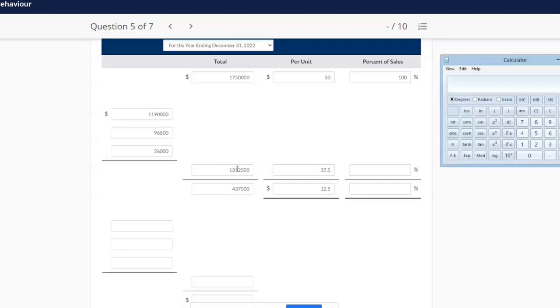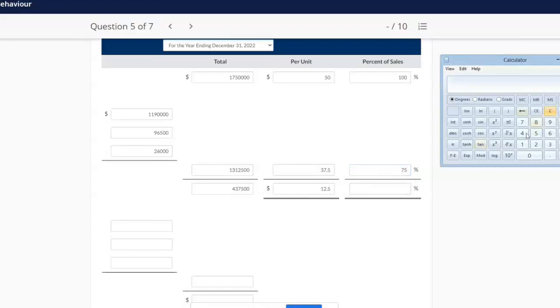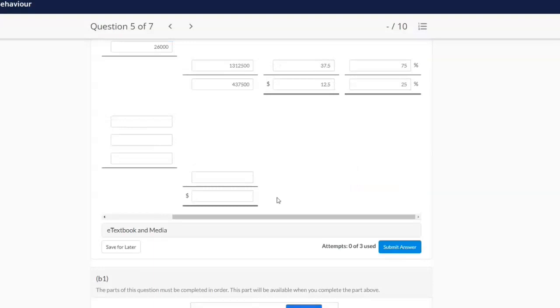The contribution margin ratio is the contribution margin divided by the total sales. 75% and contribution margin 25%. They have to add up to 100%. Okay, good.